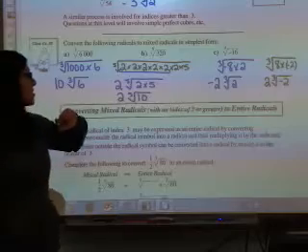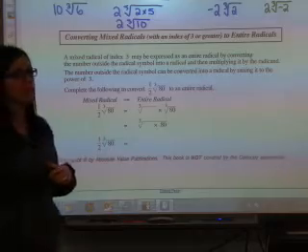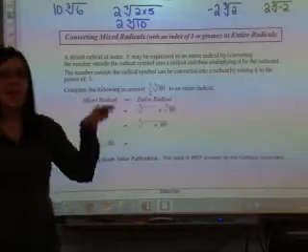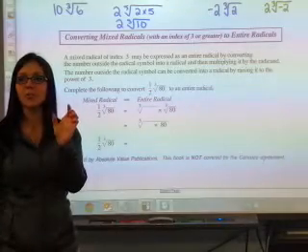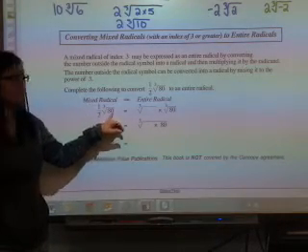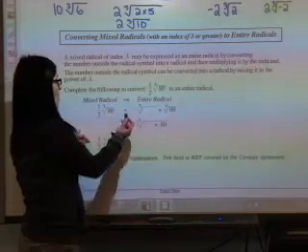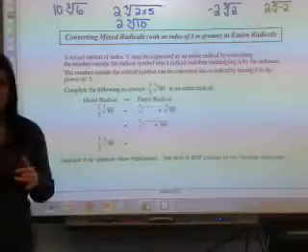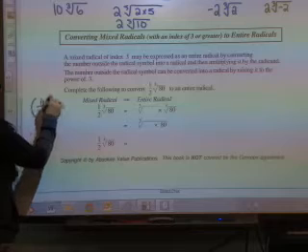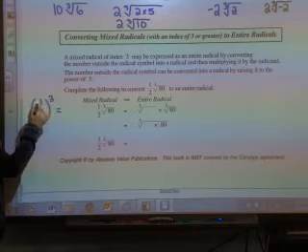Okay? So if I go backwards, going from a mixed radical to an entire radical, when we did our square roots, when we wanted to put the number back underneath the radical sign, I had to square it. If I want to take a number and put it under the cubed root sign, I would have to cube it. So I would take my 1/2 and raise it to the power of 3, raise both of these to the power of 3.